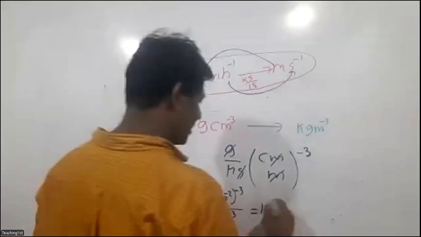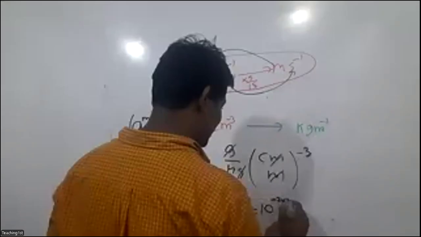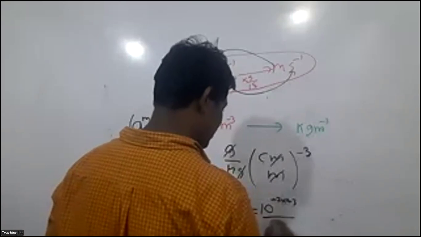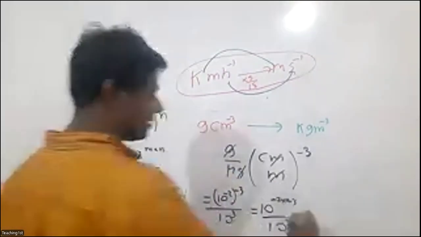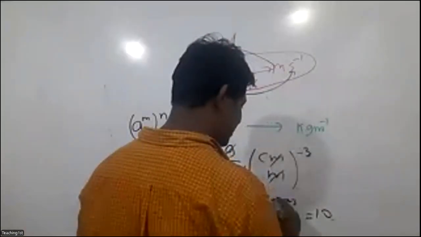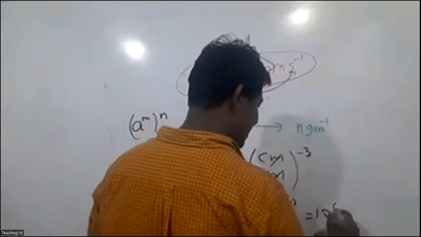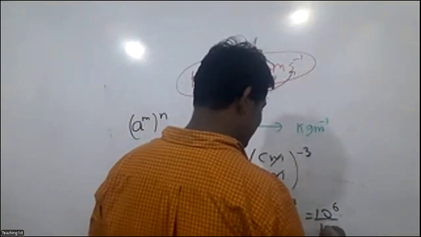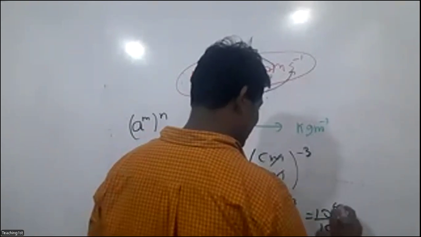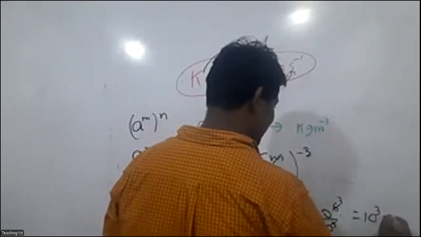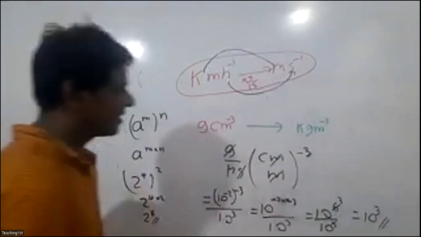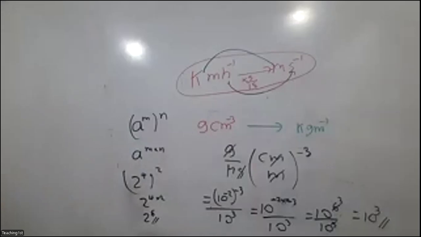So it becomes minus 2 multiplied by minus 3, over 10 to the power 3. So 10 to the power minus 2 times minus 3, which is plus 6, divided by 10 to the power 3. The 3 and 3 cancel out, so it becomes 10 to the power positive 3 as the multiplying factor. Understand? It is 10 to the power plus 3.